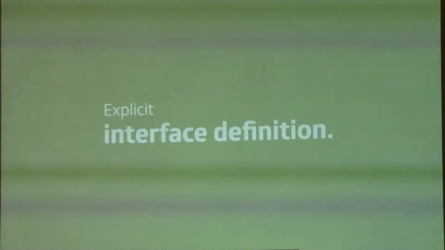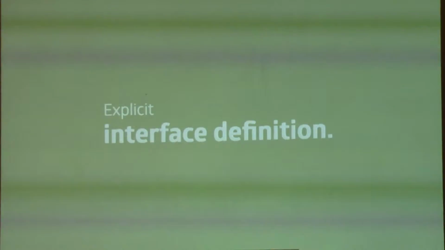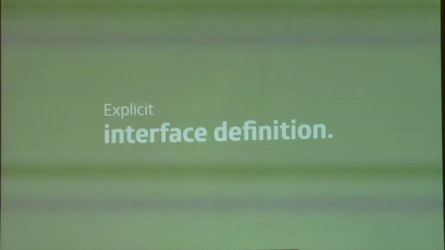As I just mentioned, the explicit definition of an interface is something I find very valuable because it makes it easier for new developers to immediately see how the component is being used.